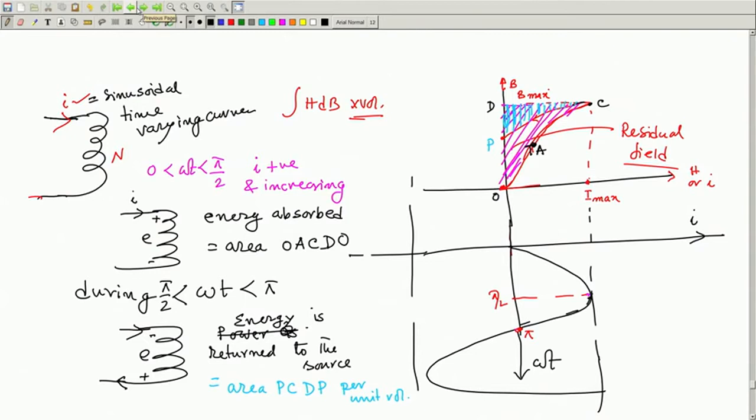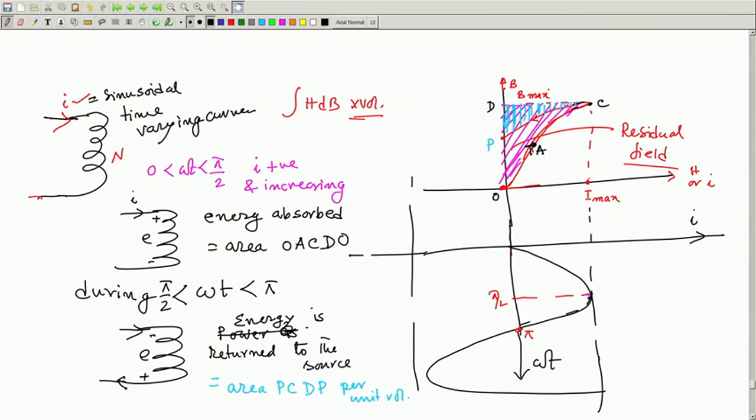In our case, current will be alternating in nature. I am not saying whether it will be sinusoidal or not, but it is alternating. Current will increase, reach a peak, then decrease and so on. When you first switch on, suppose there was no residual magnetism present in the core, then this is the BH curve.